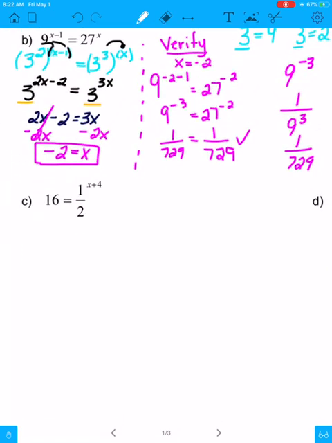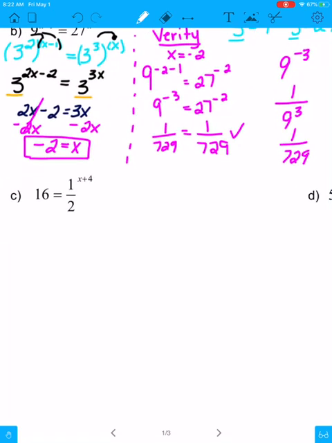All right. So we have 16 equals (1/2) to the x plus 4. The very first thing I'm going to do is change that 1/2. So I'm going to go 16 equals, and instead of 1/2, this is 2 to the positive 1 in the denominator. I'm going to bring it up here and make it be 2 to the negative 1, which if you don't believe me, type 2 to the power of negative 1 in your calculator and it will give you 0.5. And type a half into your calculator and it gives you 0.5.